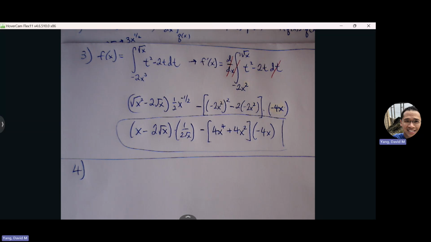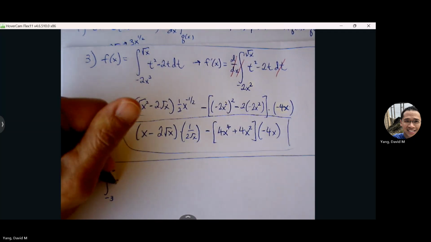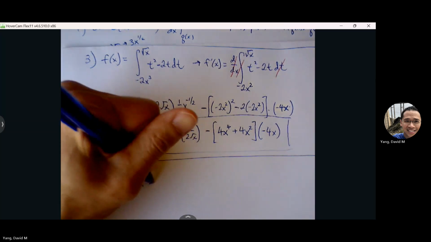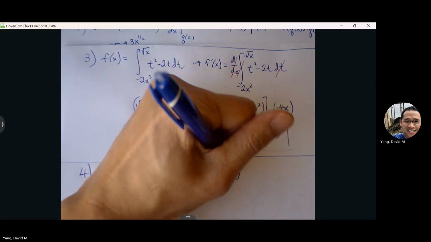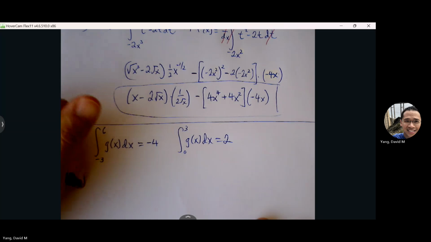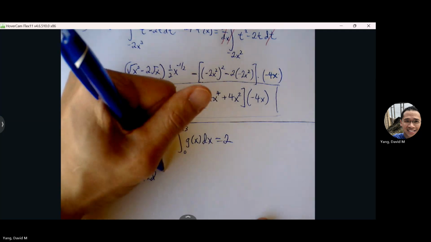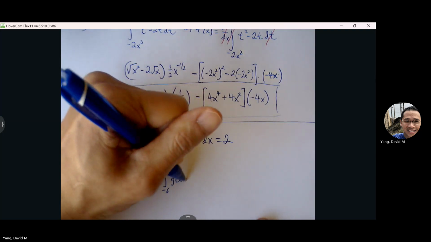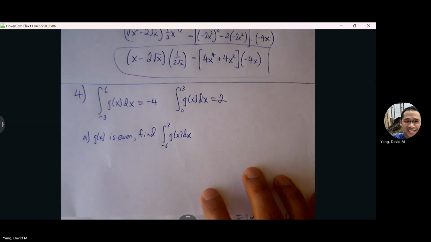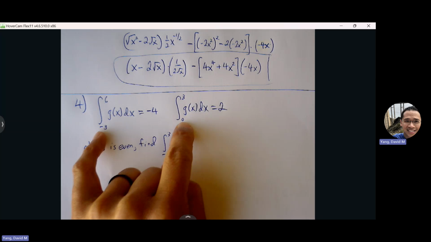Okay, next up, let's finish with even and odd functions. Okay, first thing we always want to pay attention to is, are the bounds in the proper order that we would like?